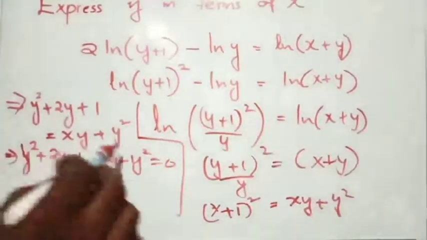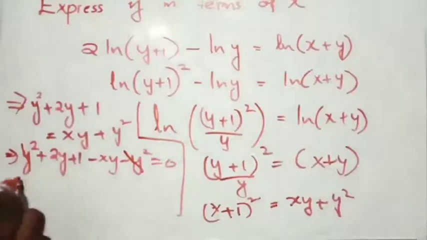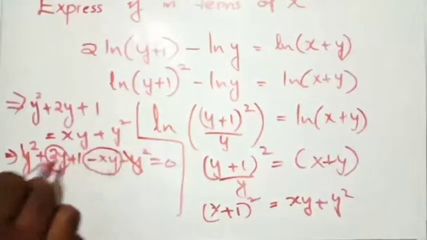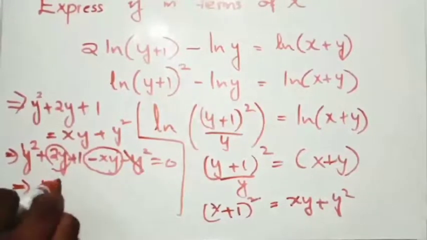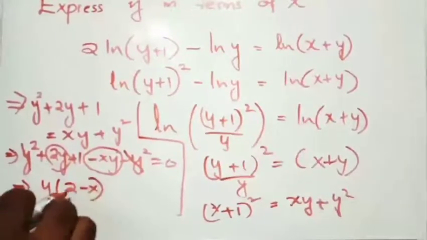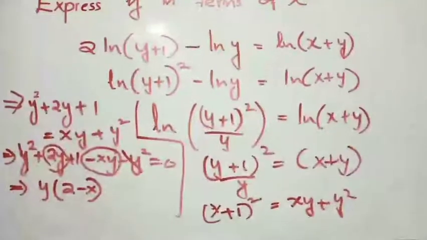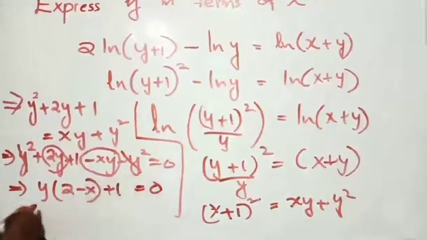So y squared minus y squared gets cancelled, and these two terms have y as common. If you take y as common, we get (2 minus x) remaining, plus 1 is equal to 0.